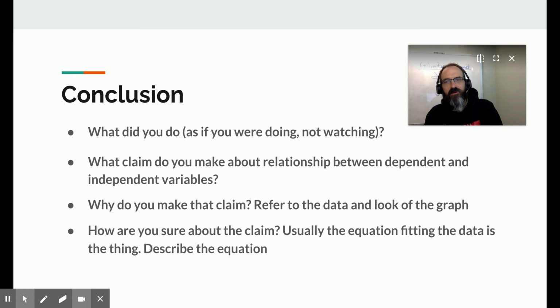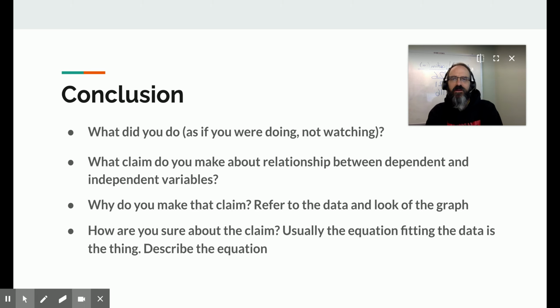Next, we need to reinforce our claim with evidence. Why do we make this claim? So we want to refer to our data, perhaps. You might want to look at your graph or an example graph for this. You can see that your data points go up in a nice diagonal line.